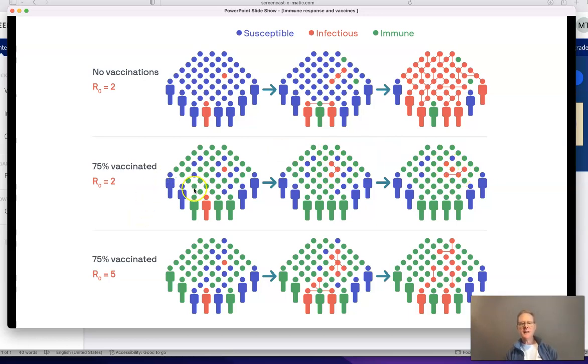That's with something that's not very infectious. That's what the R0 of 2 means. It means not very infectious. R0 of 5 means more infectious, so it can spread further. You create these colonies or clusters, as you see here and here and here, and you end up with more disease. This is at 75% vaccinated.